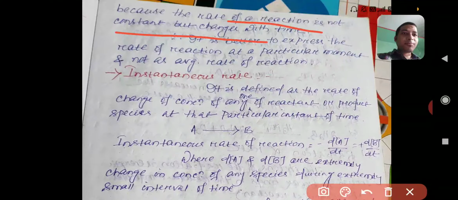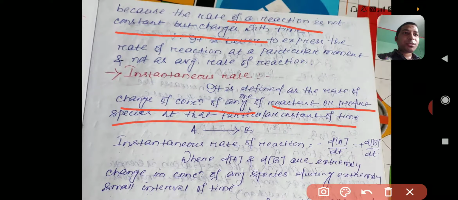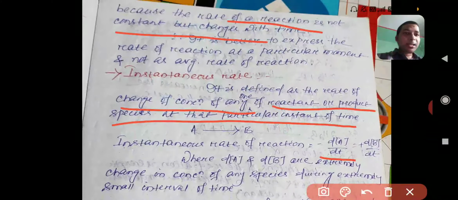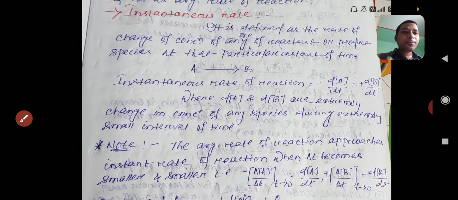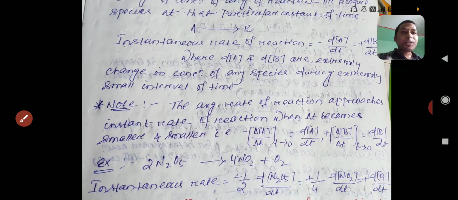So A gives rise to B. The instantaneous rate of reaction is given as minus dA by dt, derivative of A, change in concentration of A with respect to t. Why? Because concentration of A is decreasing, and plus dB by dt, where dA and dB are extremely small changes in concentration of any species during an extremely small interval of time.